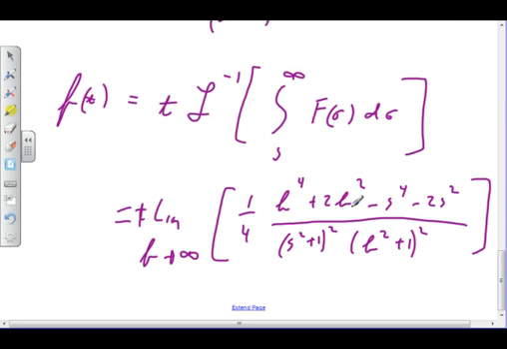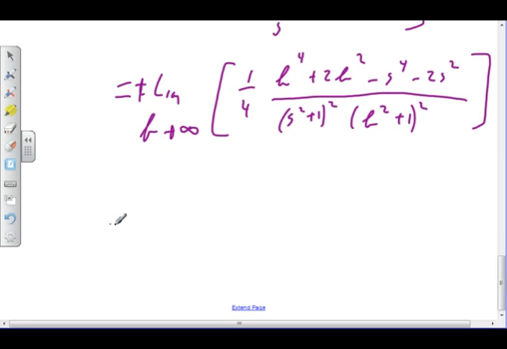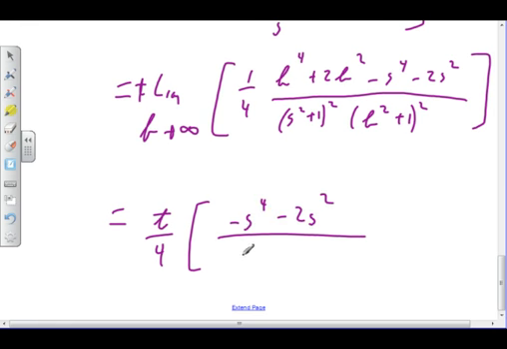Okay, so they're going to take each other out as I go to infinity. And all I'm going to have left is t over 4 minus s to the fourth minus 2s squared over s squared plus 1 squared.